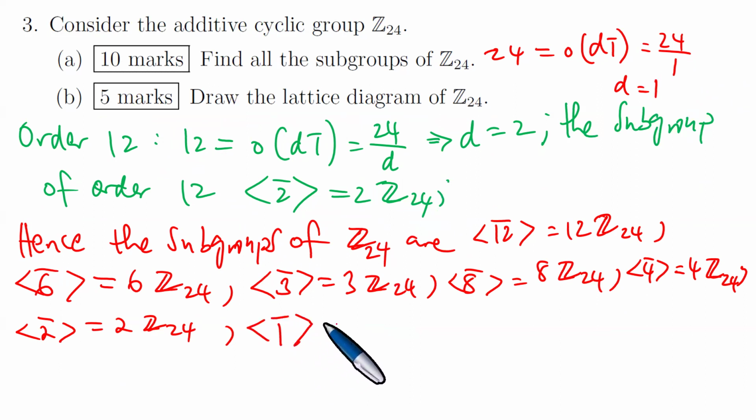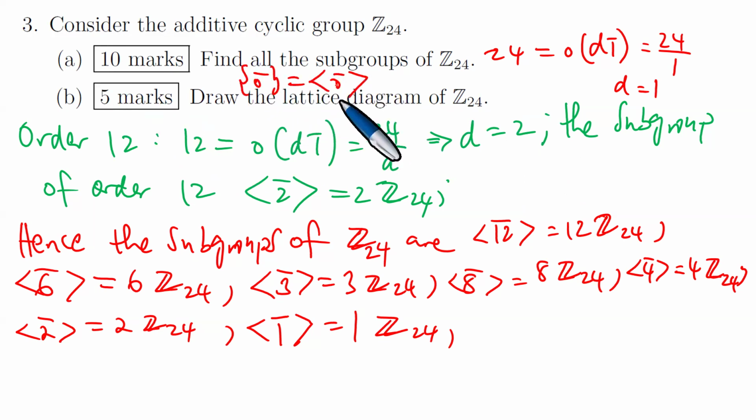That means in the notation here it is going to be 1 bar, 24, like this. Then it gives us another subgroup, the one we mentioned, 0 bar, like this.